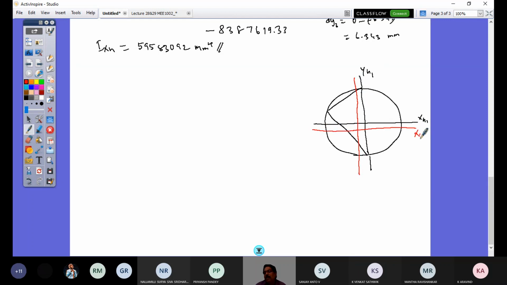So this is my xg, yg without subscript numbers, that is for the composite area. So this is my centroid now. So this is now shifted down by 6.343 mm, and this is shifted to the left by 11 mm. And you got your new centroidal axis at this.